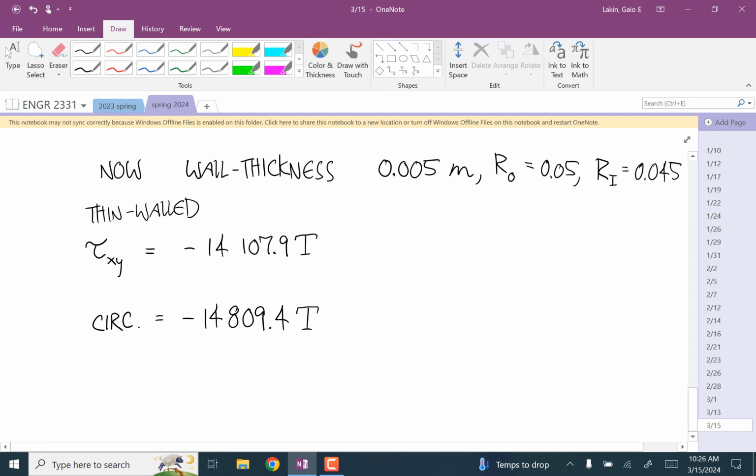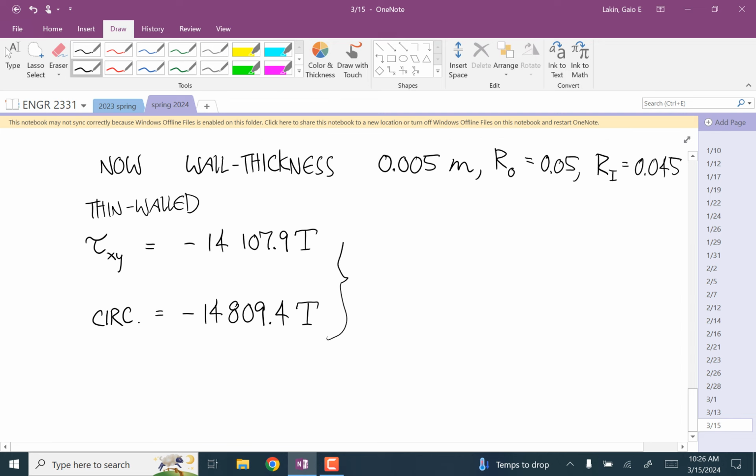This one isn't nearly as good as the wall thickness gets bigger. So you've got 14,809.4 minus 14,107.9 divided by 14,809.4, and you get about 4.7% error.